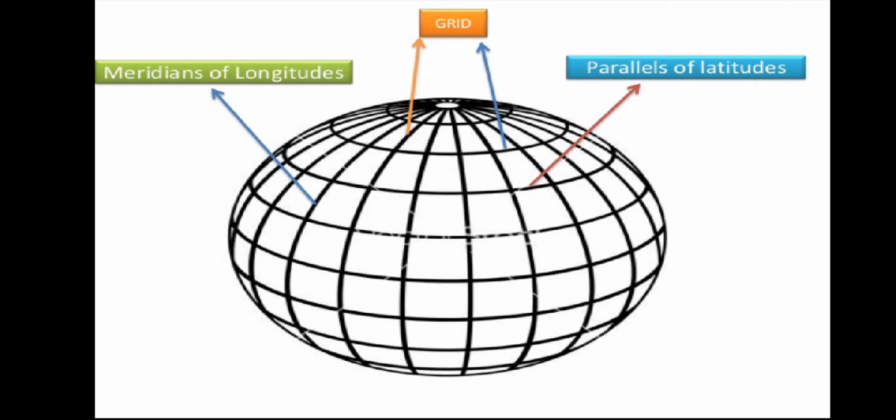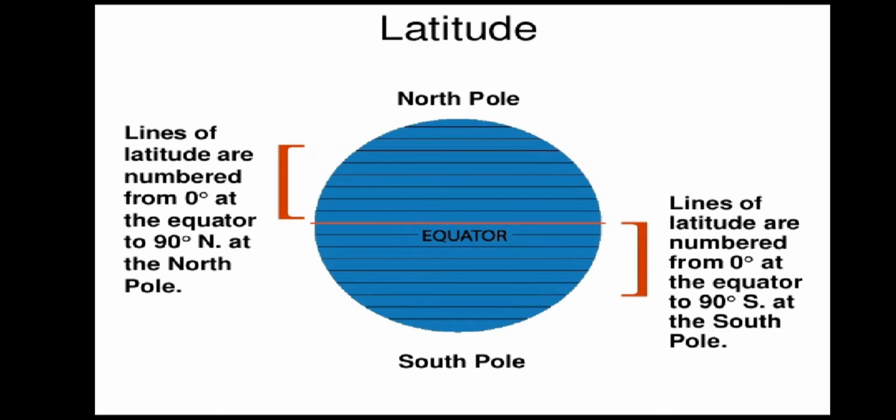Longitudes are the vertical lines and latitudes are the horizontal lines. If again some confusion is there, you can see here the latitudes are the horizontal lines and 0 degree, that is equator, divides the earth into two parts, North Pole and South Pole.